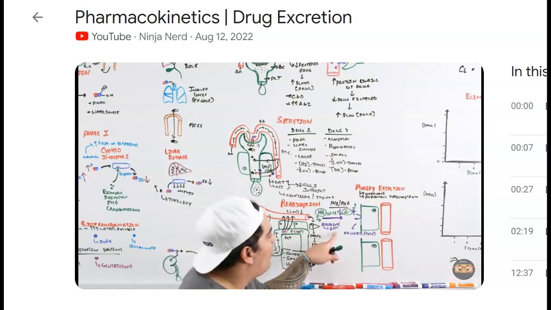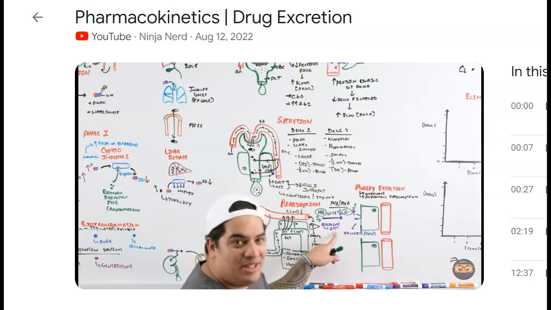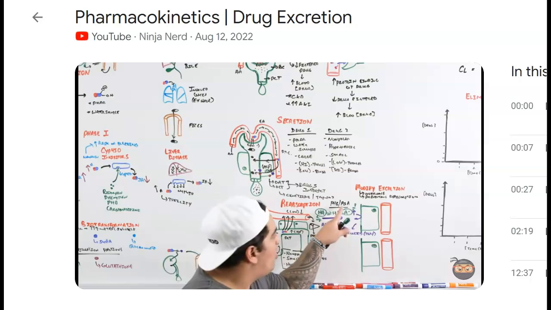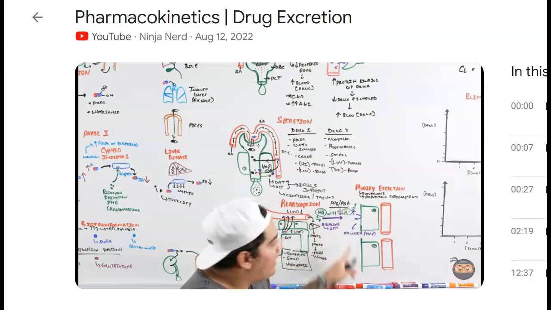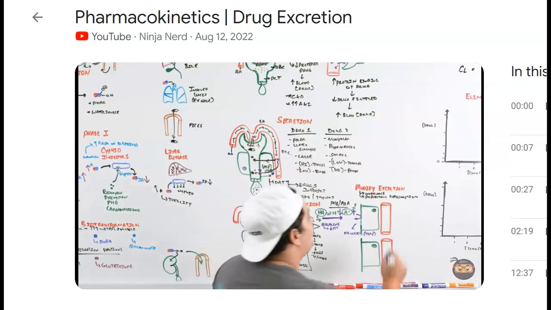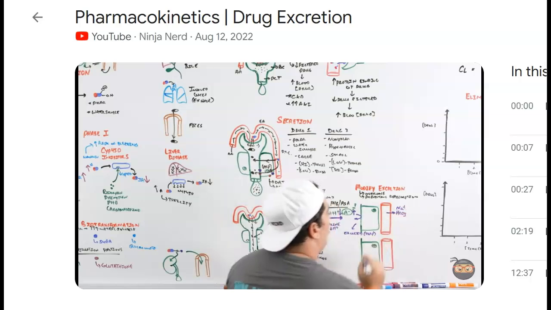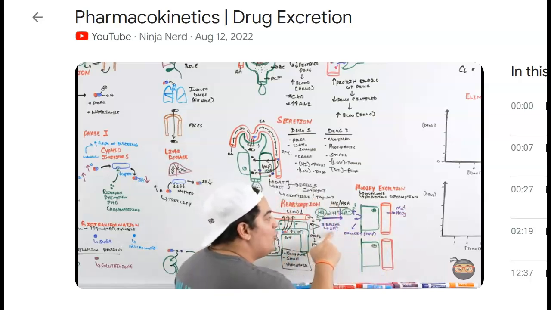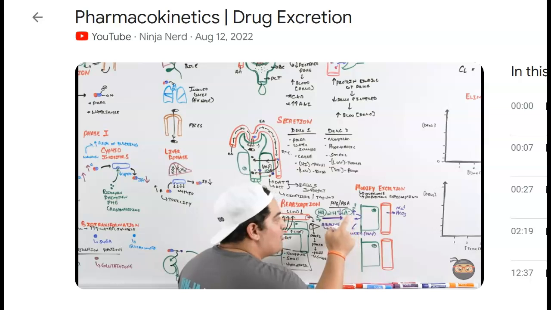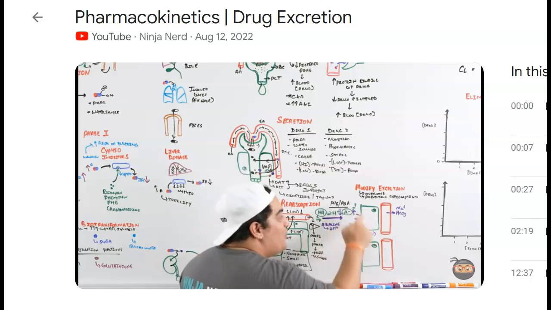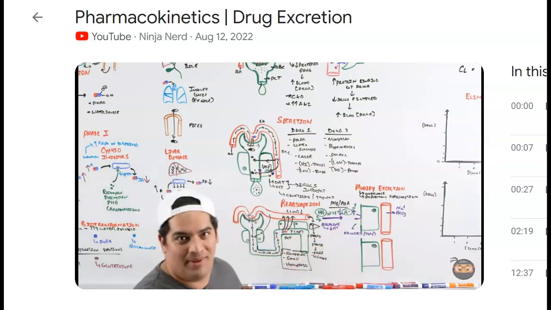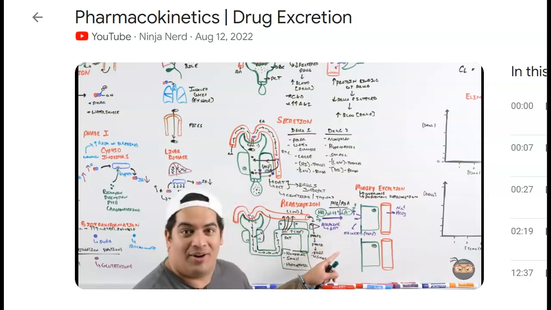How in the heck would I alkalinize the urine? What do we give to these patients to alkalinize, trap the phenobarbital and aspirin into this form and get them excreted from the urine? We give them sodium bicarbonate, because it'll alkalinize the urine, drop the amount of protons, shift the reaction to the right, make more of this guy, and then you won't be able to reabsorb him, and effectively excrete him into the urine.